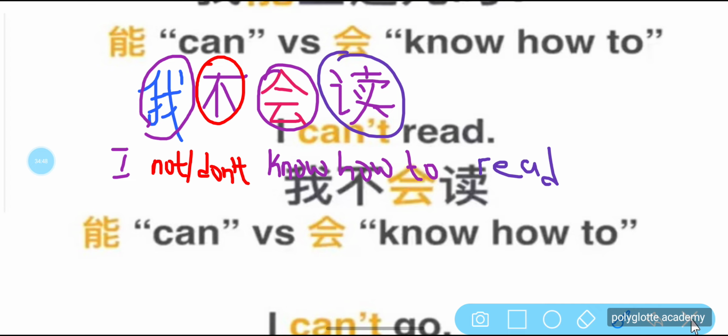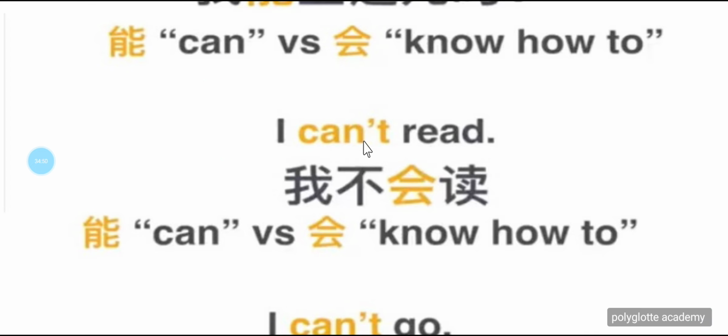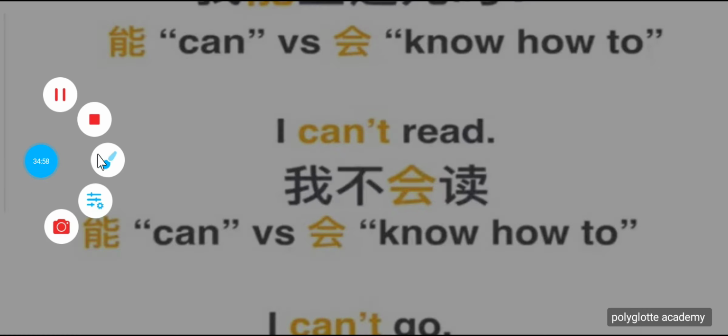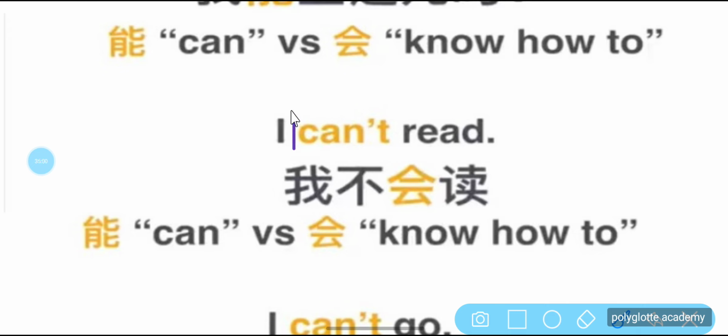So we can see the translation: I can't read. So it means I don't know how to read. You can see that cannot, which is can't, also means I don't know how to read.